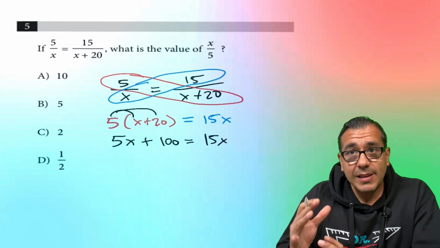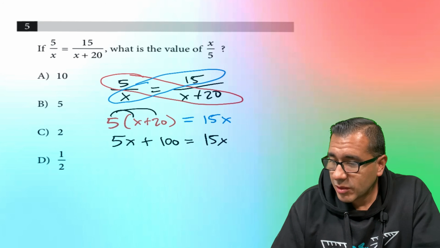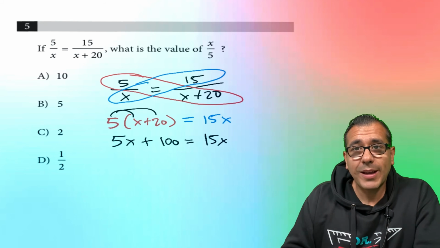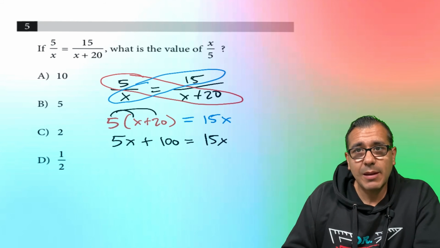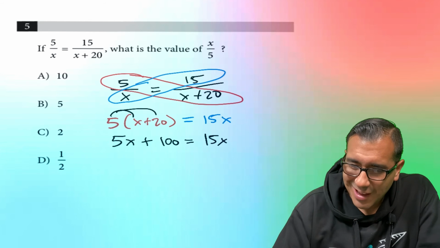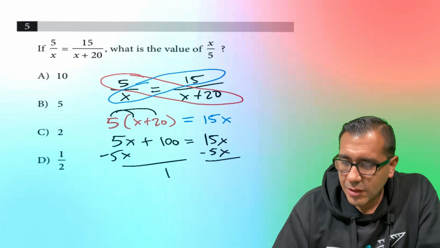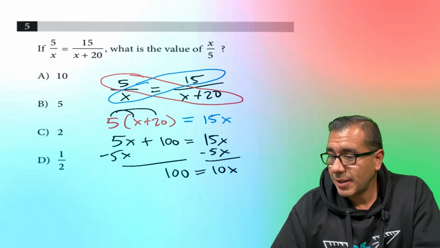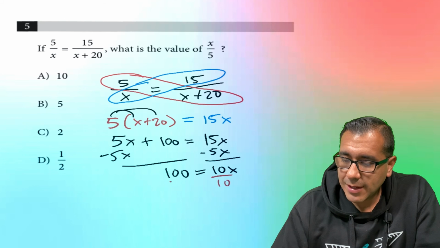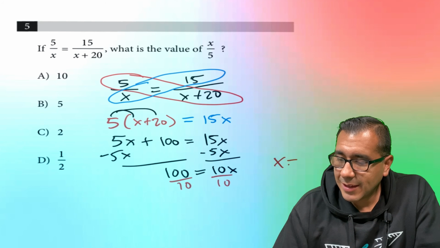Let's get all our x's on the same side. Usually in real life, this is a horrible idea. You never want your x's in the same room, but here it's okay. So let's subtract 5x from both sides. You get 100 equals 10x, and we divide both sides by 10. And you get x equals 10.